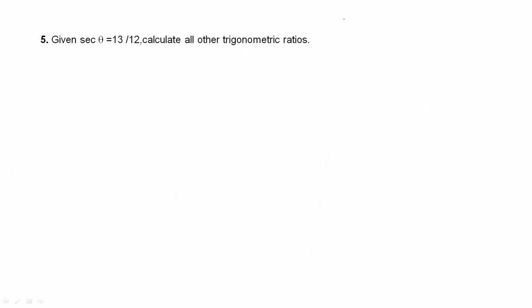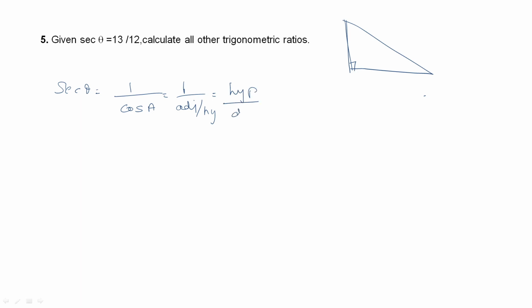So next one is we are given sec theta. So you have to draw a triangle. Let's draw a triangle. Sec theta is what? 1 by cos. Okay, 1 by cos means 1 by adjacent by hypo. That means hypo by adjacent.